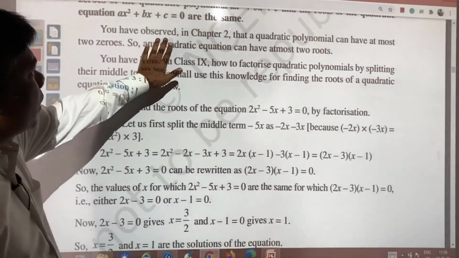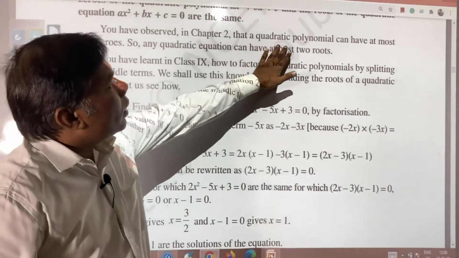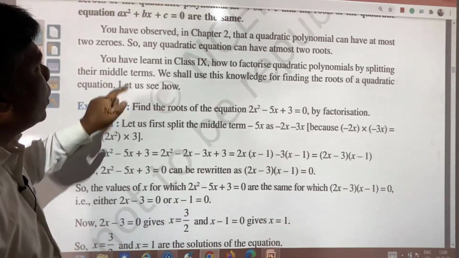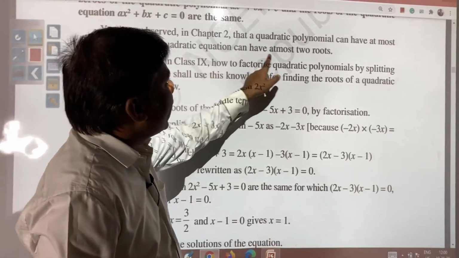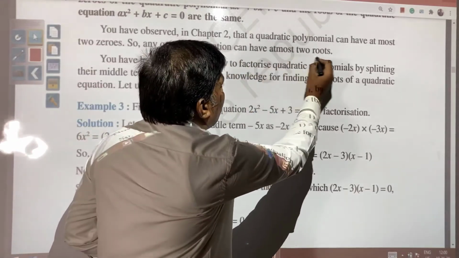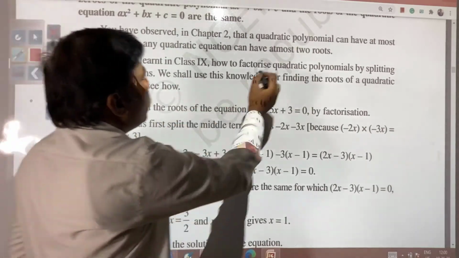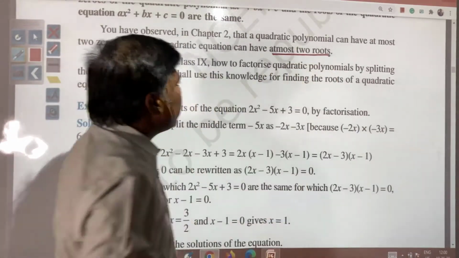You have observed in chapter 2 that a quadratic polynomial can have at most 2 zeros. So any quadratic equation can have at most 2 roots, which you need to remember.